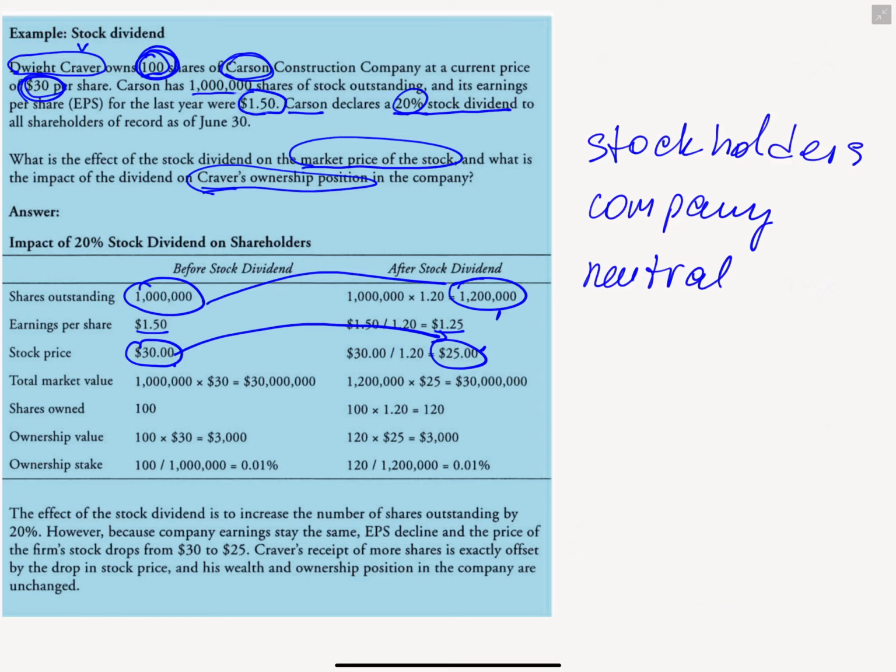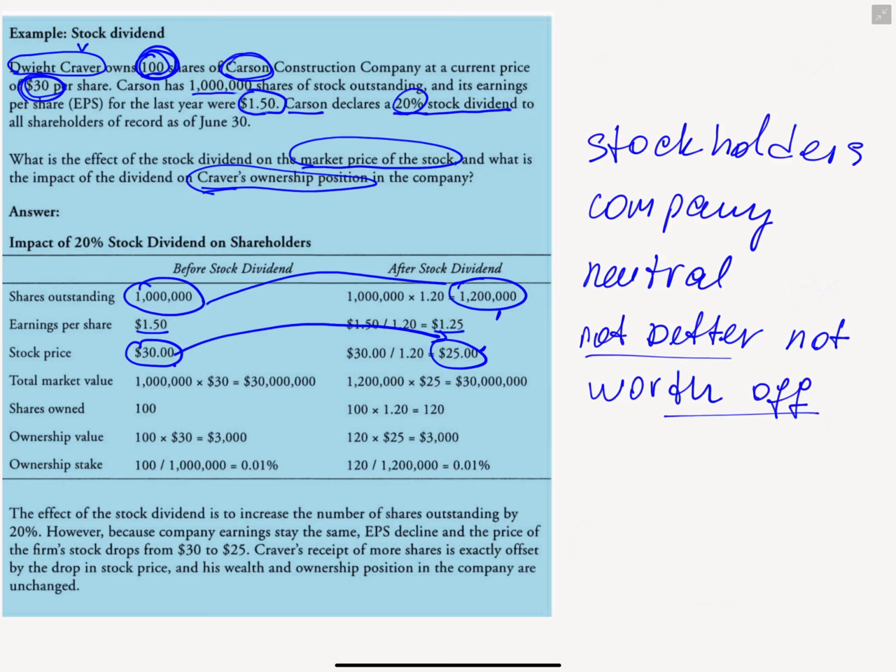They are neither better off nor worse off. It doesn't directly affect the company. It doesn't make the company profitable. It doesn't make stockholders profitable. It just decreases the price and increases the number of common equity shares outstanding.